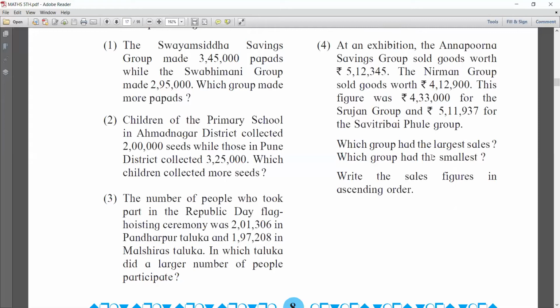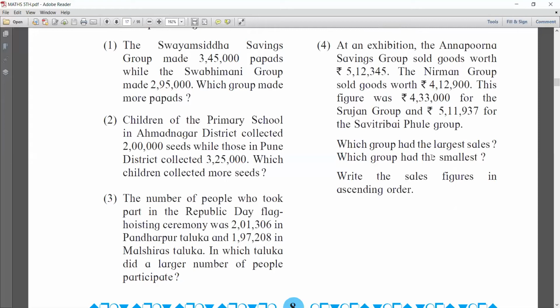Okay. First of all, you have to write these numbers. First you write down Annapurna Savings Group, that is 5,12,345. Then second one, Nirman Group sold goods 4,12,000.